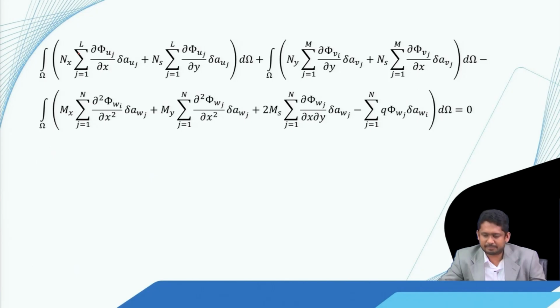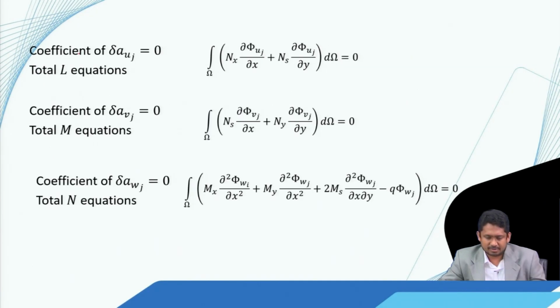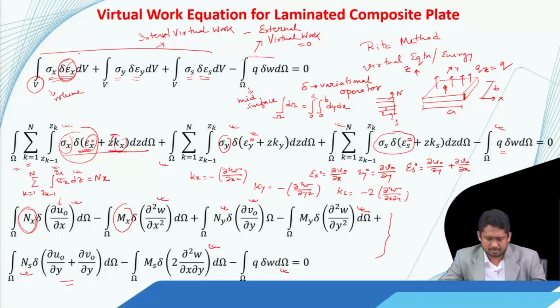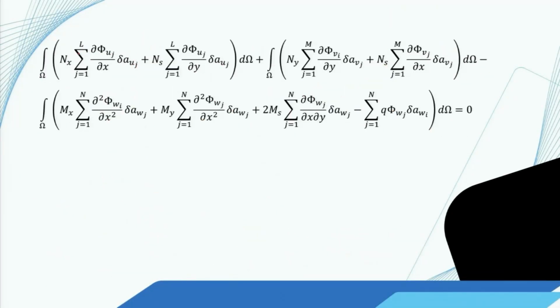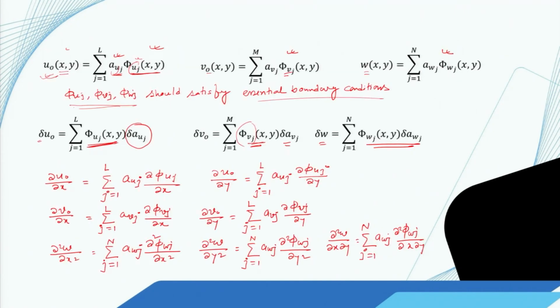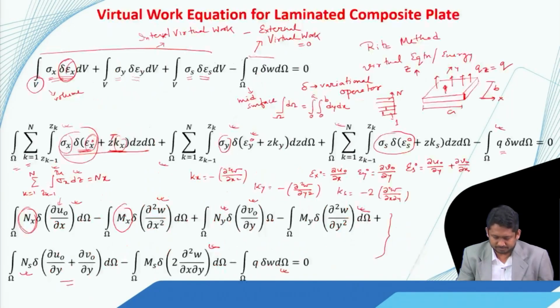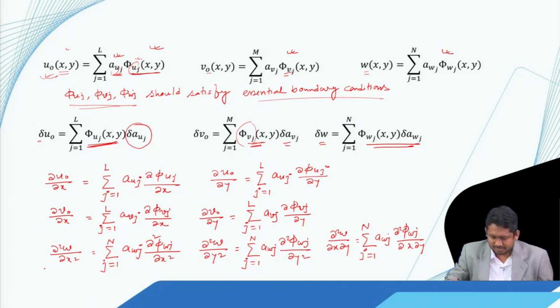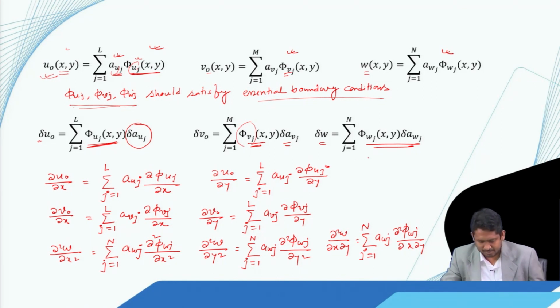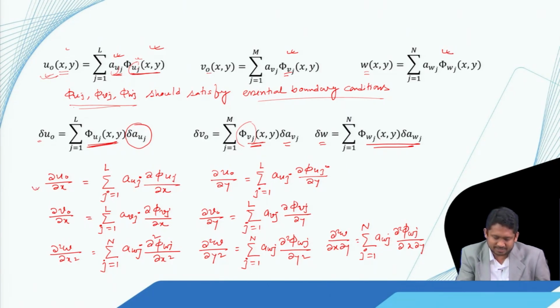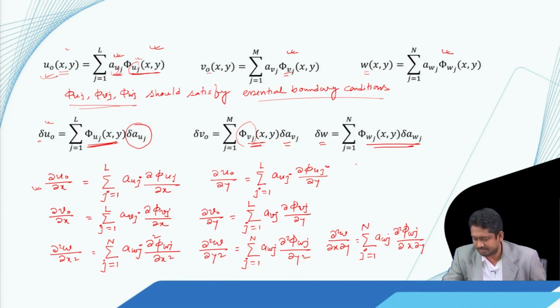Now, we put everything in the equation. So, if we put their definitions, here we have delta of del u 0 by del x. Before going there, just one thing: we have defined the derivatives and we have defined the variations, so we can define the variation of the derivatives also.